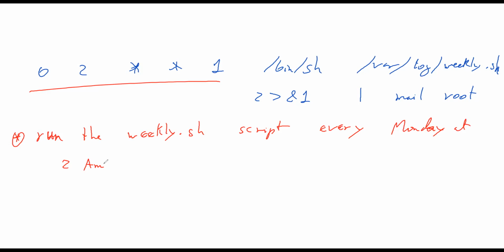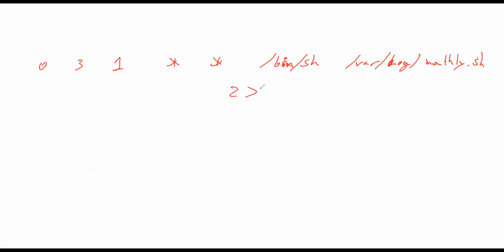So let's do this here. Let's do 0 3 1 * * /bin/sh /var/log/monthly.sh, again redirect 2>&1 pipe to mail root.